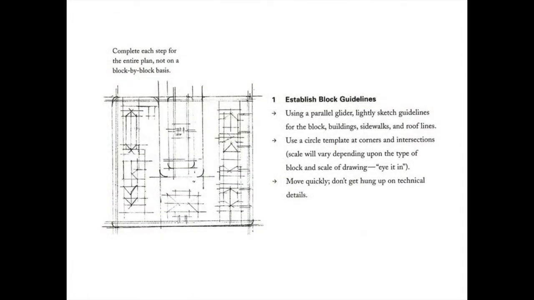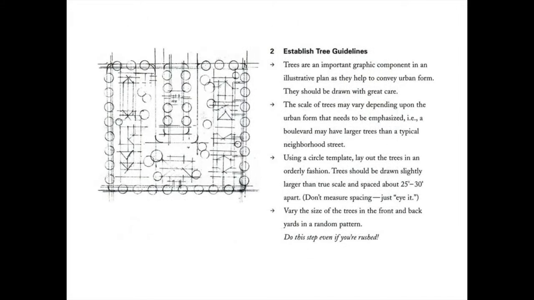So if we take a look at their block guidelines, we have them printed out for you here. So you establish the guidelines using your scale. This is approximately at 1 inch equals 30. We'll establish the trees. So with a circle template, we'll lay out the trees.